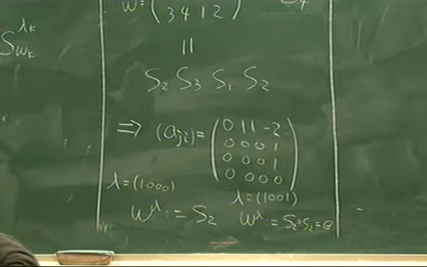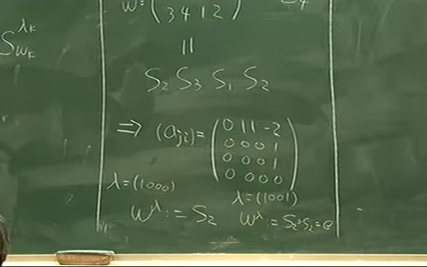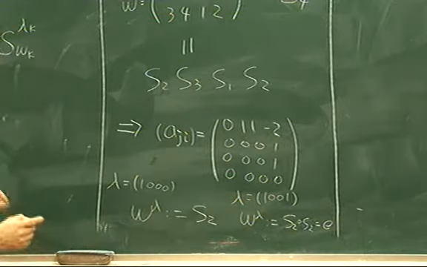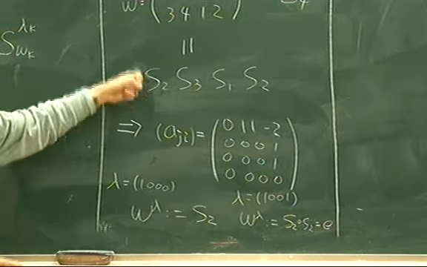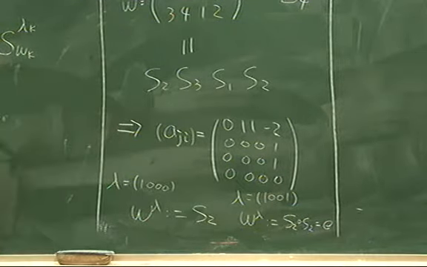You said s_{w_1} to the lambda_1's power, right? Yes. So that means, what do you mean by lambda? Oh, lambda is just 0 or 1? 0 or 1, yes. So this chooses some subsequence from the sequence for w.